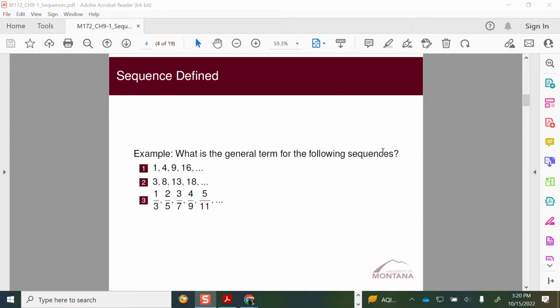And let's see the third one, 1/3, 2/5, 3/7, 4/9, and 5/11. Okay, I'll go ahead and switch over to my ElmoCam here and we'll work on these.